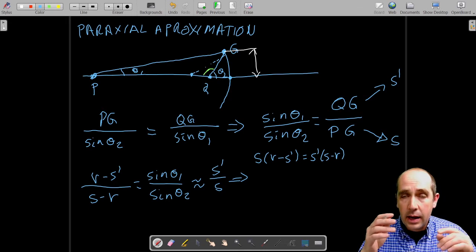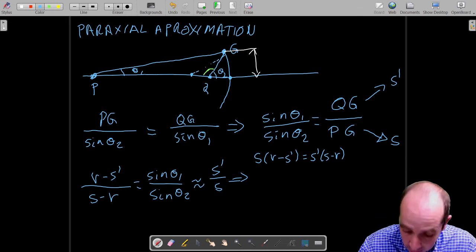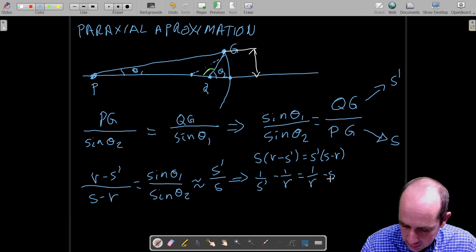If we divide by S, S prime, and R, we obtain that 1 over S prime minus 1 over R equals 1 over R minus S.